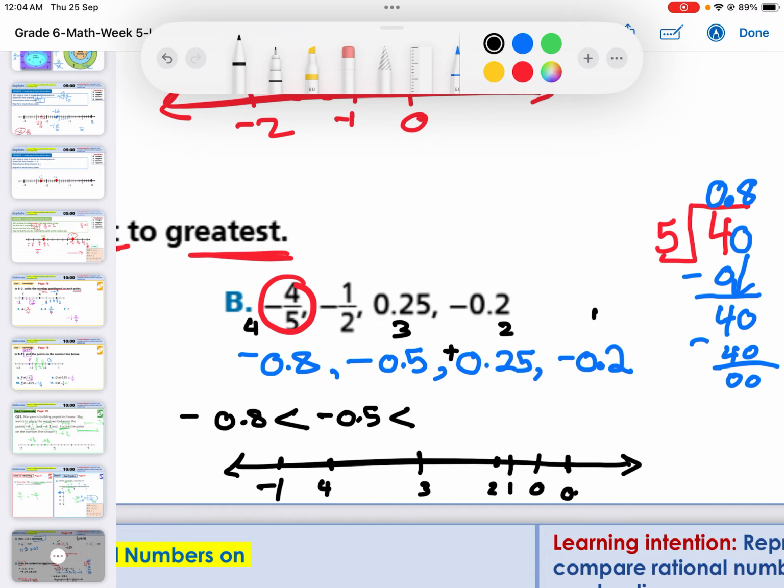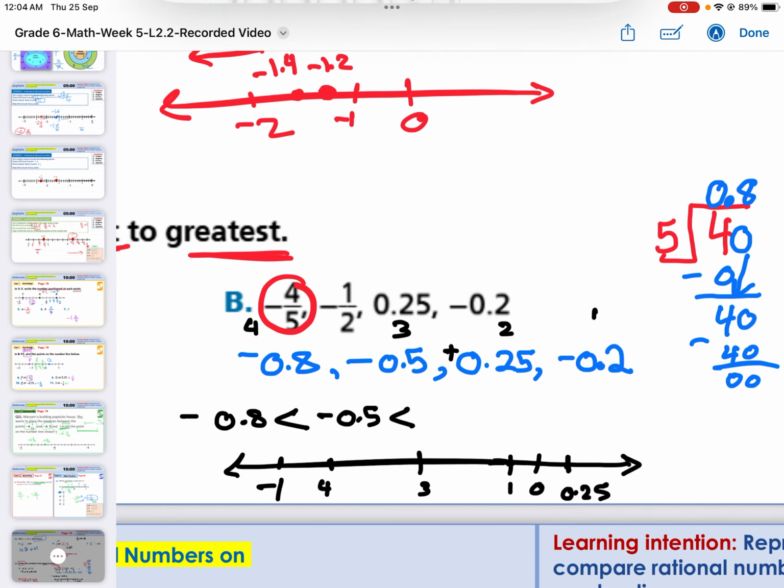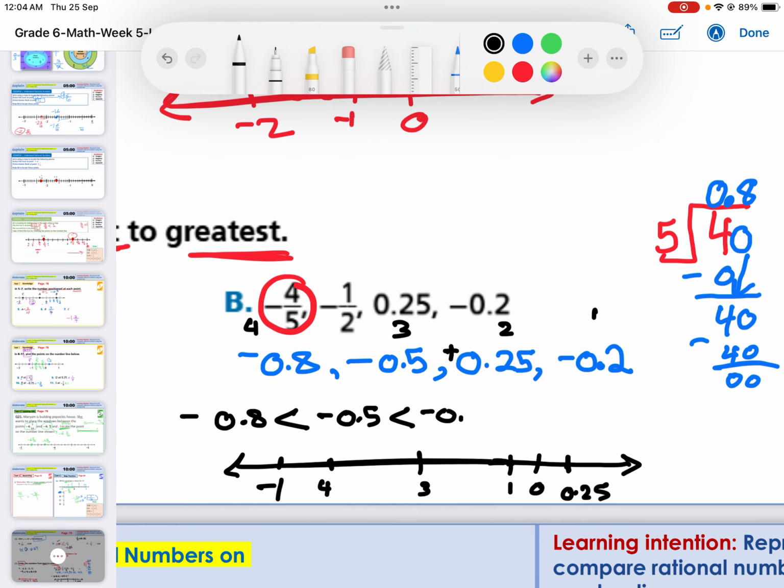So let's delete that. Okay, mistakes happen. We learn from them. So that means number 1, it's going to be the least, negative 0.2, less than, finally, 25 hundredths. That will be the greatest.